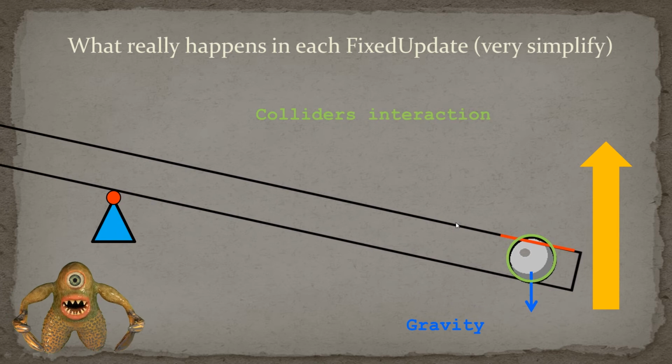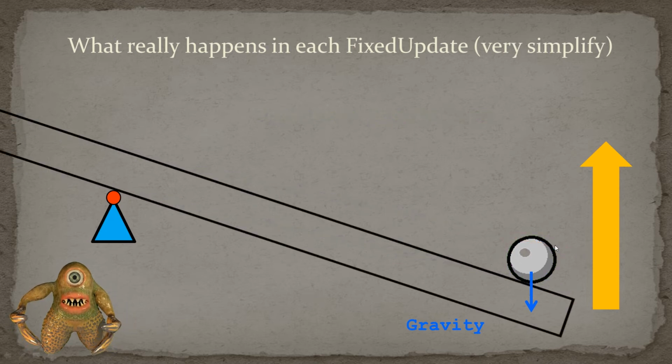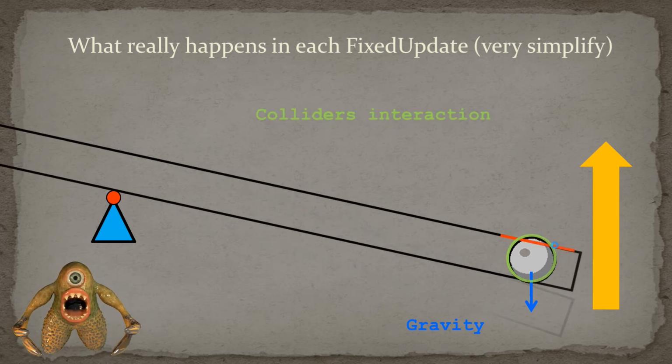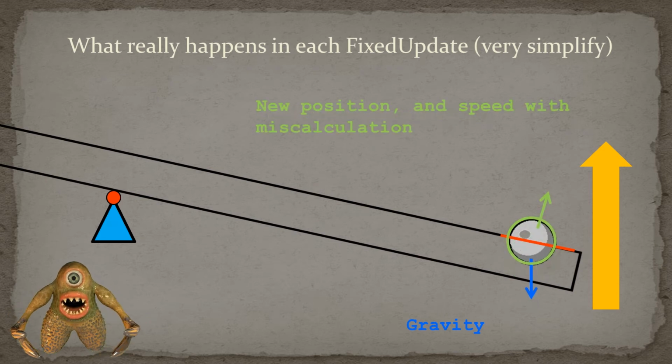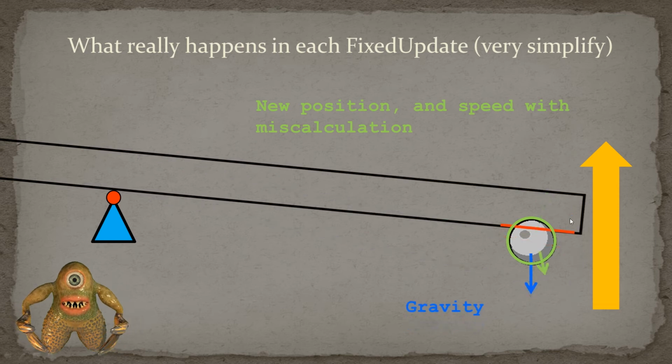The collider interaction is not very good between one and the next physics update function. So the game engine does its work, but not very well. So it produces a miscalculation of the position of the marble, and then the marble falls. This is how it looks.